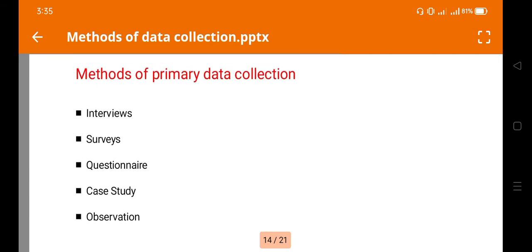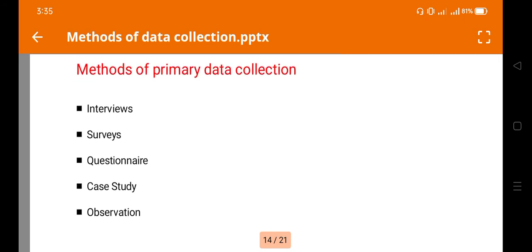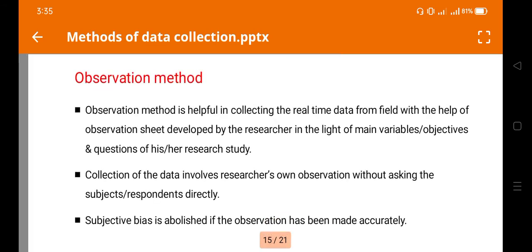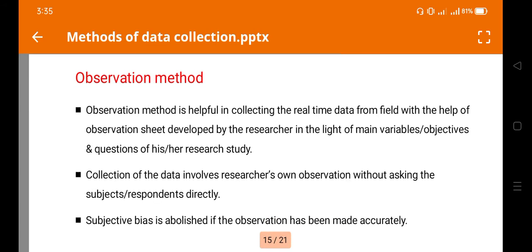So the methods of primary data collection include interviews, surveys, questionnaires, case studies, and observations. And observation method, what you actually do in observation method, it is helpful in collecting the real-time data from the field with the help of your observation sheet, which researchers develop in the light of their variables or objectives.